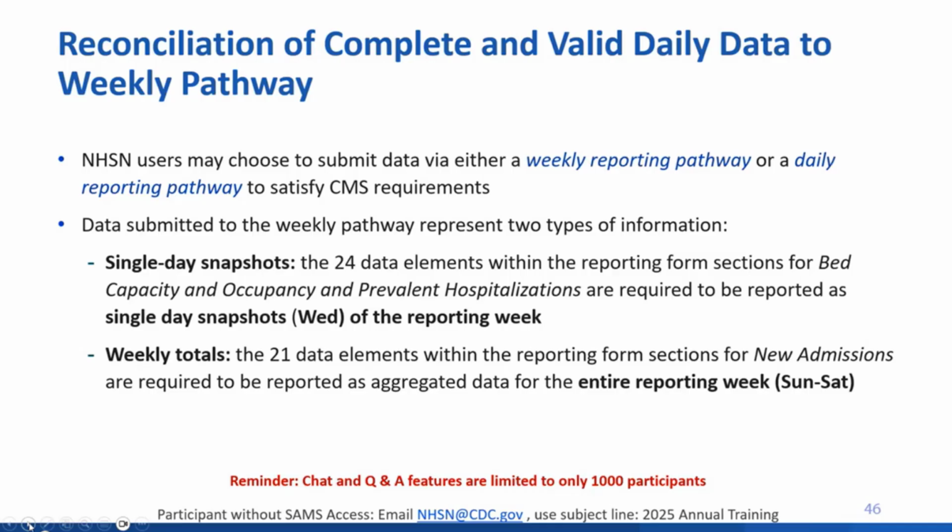The 24 data elements within the reporting form sections for bed capacity and occupancy and prevalent hospitalizations are required to be reported as single-day snapshots, specifically Wednesday of the reporting week. The 21 data elements within the reporting form sections for new admissions are required to be reported to account for aggregated data for the entire reporting week, specifically Sunday through Saturday. Next slide.